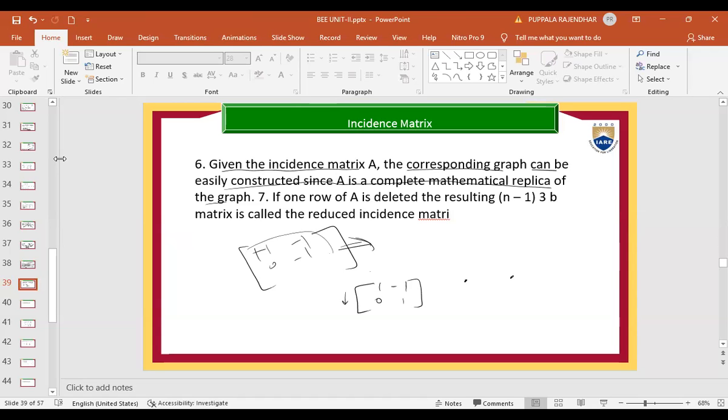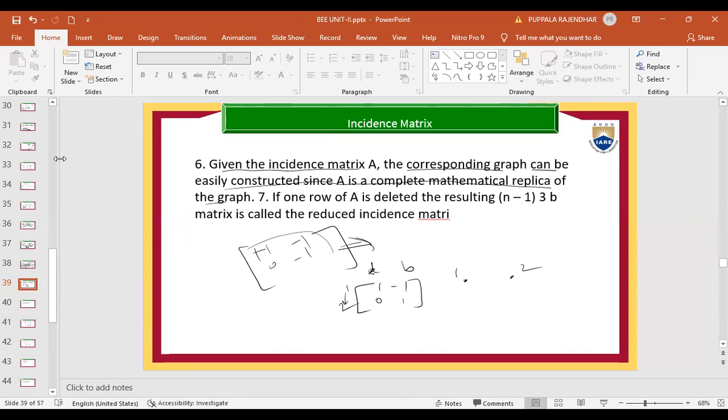For the first node, 1 is incident on branches A and B. We take nodes 1 and 2. Now at node 1, there is a branch from 1 to 2.